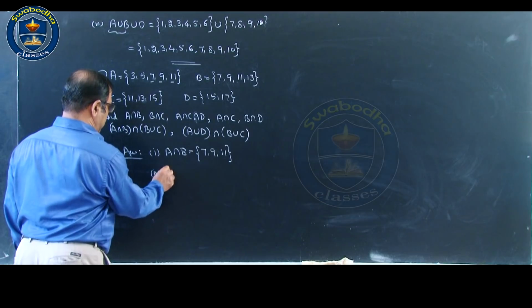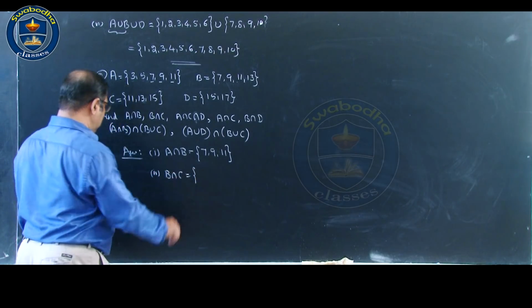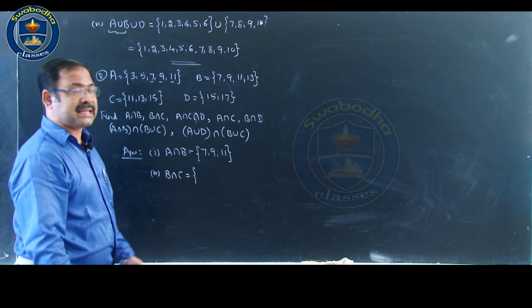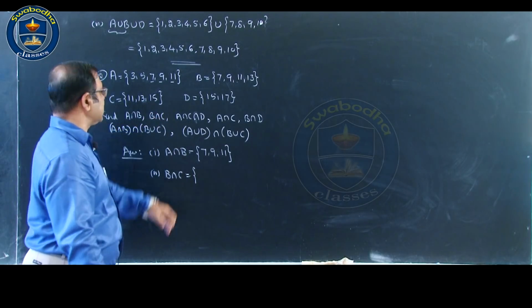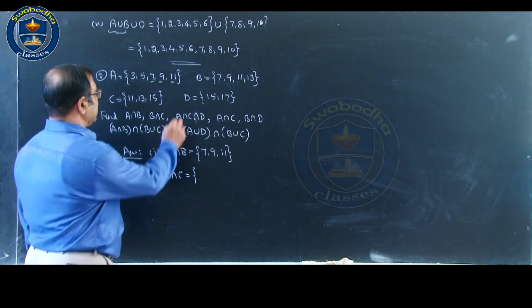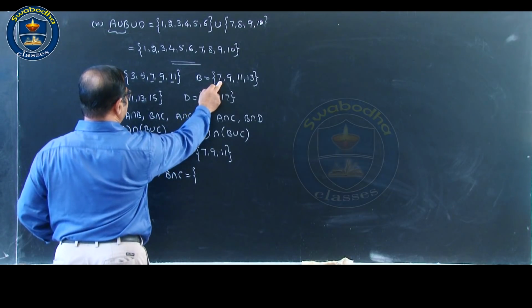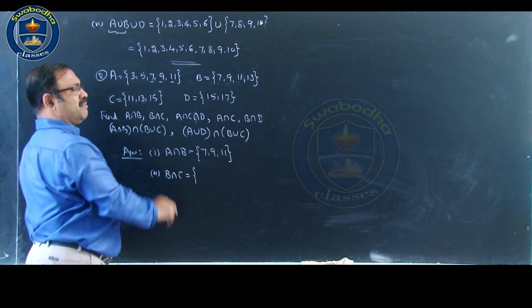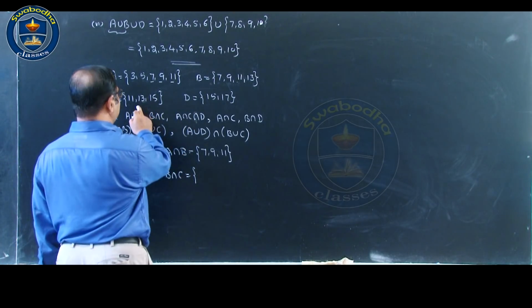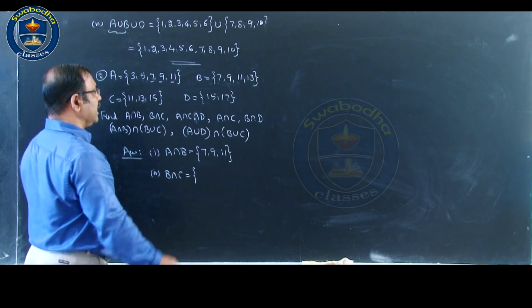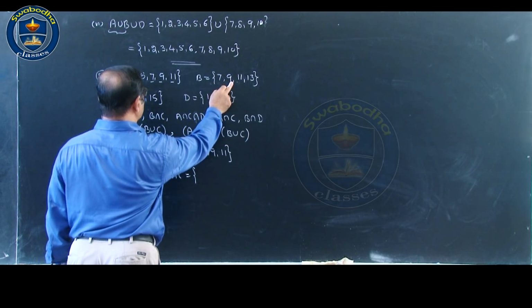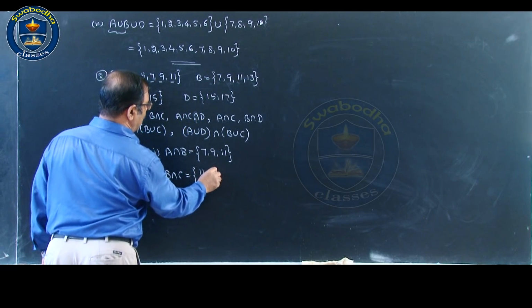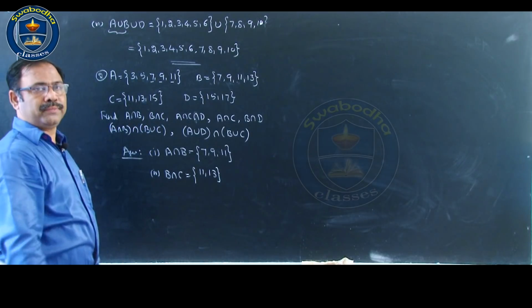Next, B intersection C. See, B and C. 7, 9, 11, 13 and 11, 13, 15. Now here 7, 9 is not there. 11 and 13 are common.